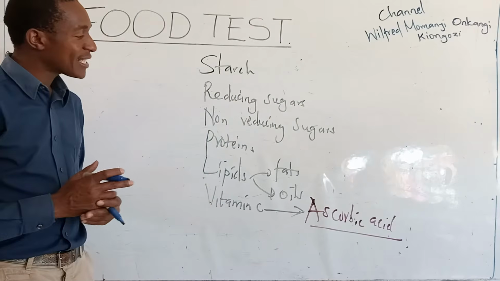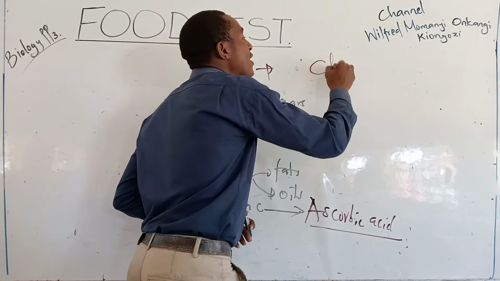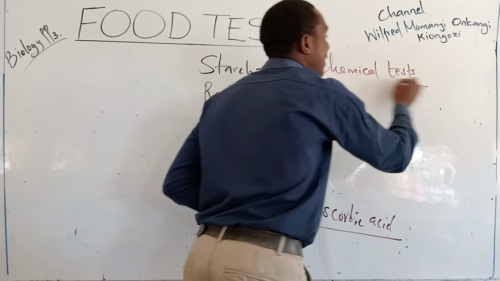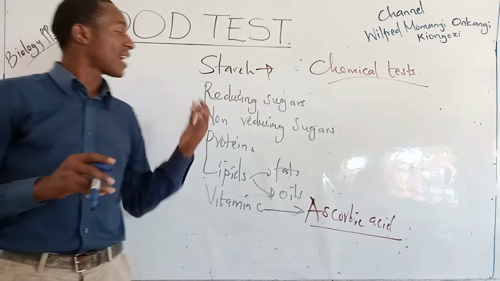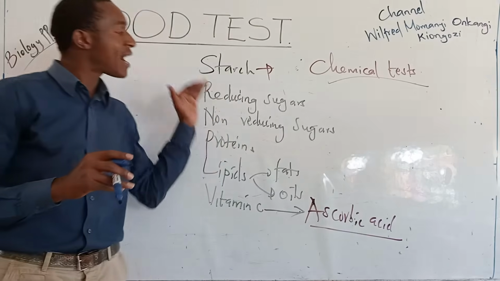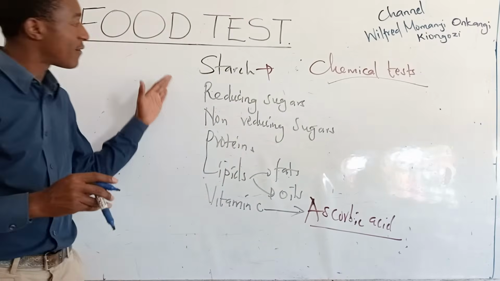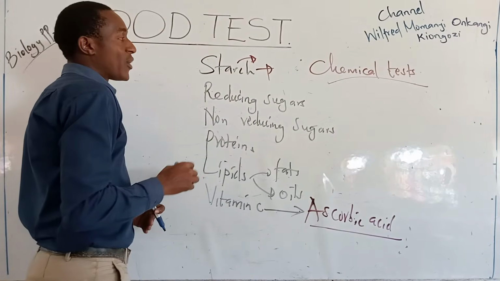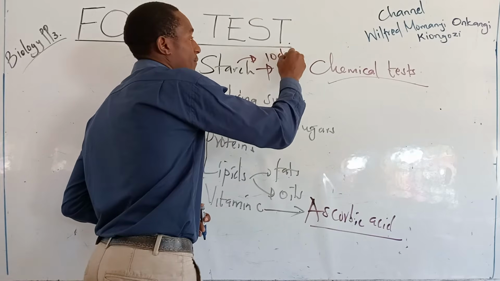Now, our interest today is to discuss how you do what we call chemical tests. How you check whether a food sample has the following foods. If you talk about starch, we have a chemical that we shall use called iodine.